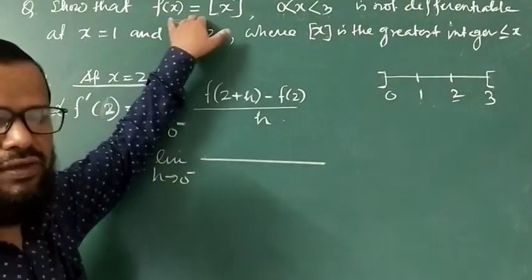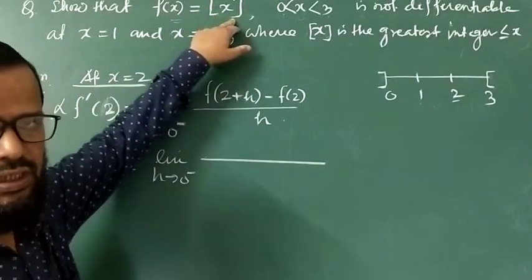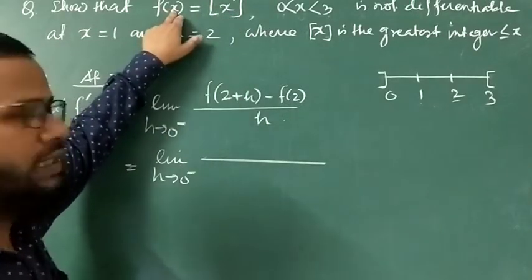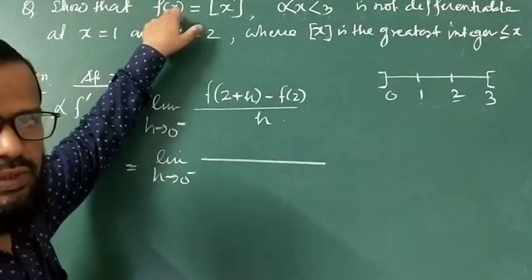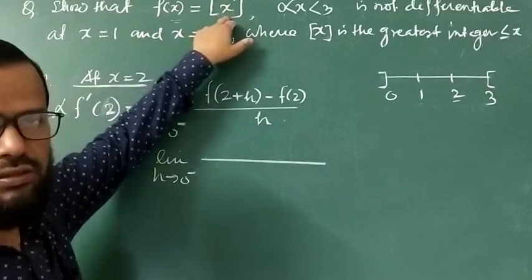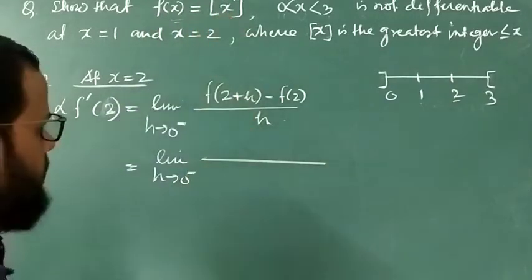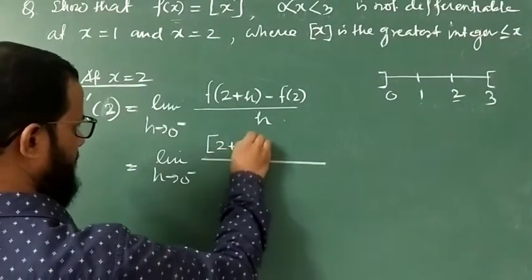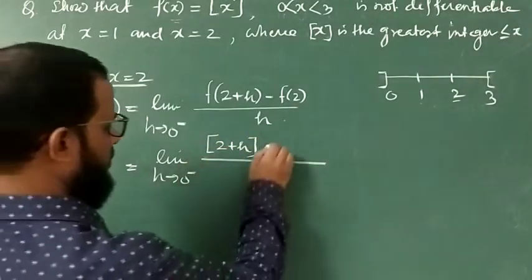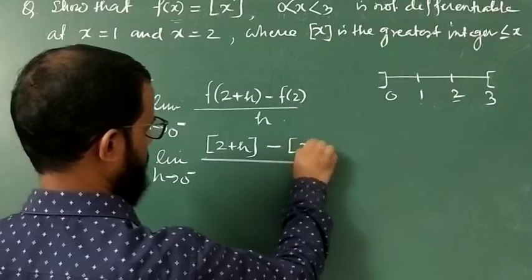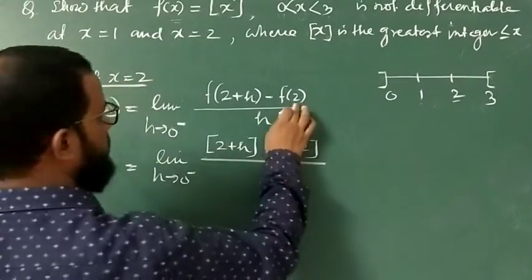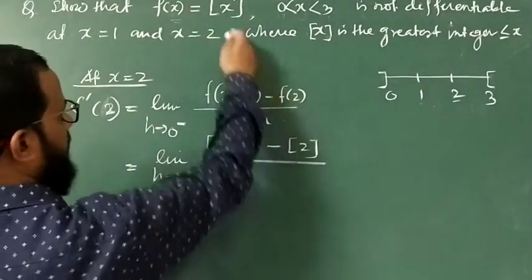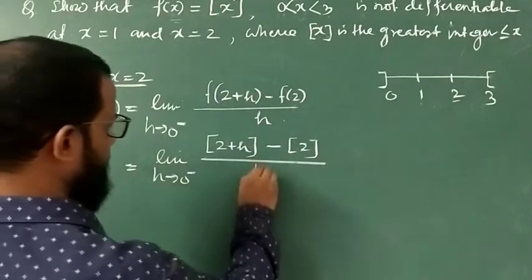This is your function f(x) is equal to what? Box x. Now you can replace x by 2 plus h. If you write here 2 plus h, that will be what? Also box 2 plus h. So you can write it box 2 plus h, okay, minus box 2. Here f of 2 means replacing x by 2, you will get box 2 divided by what? h.